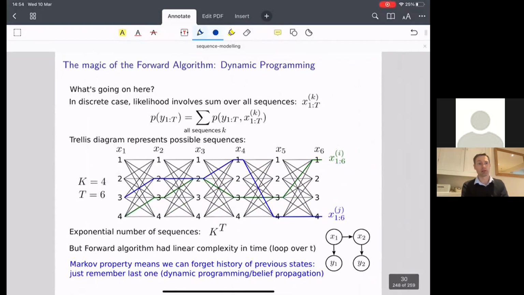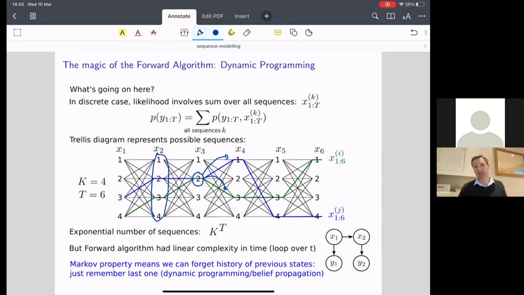Now, the answer is as follows. Essentially, the Markov property comes and saves us. So let's look at this instance here, where these 2 sequences, i and j, converge. They both end up at state 2. Now, because the history of those processes doesn't matter, where they're going to transition to next doesn't depend on what they were doing beforehand, we can essentially merge those 2 sequences together and just consider the amount of probability that ends up landing in state 2, and then consider where that probability goes.